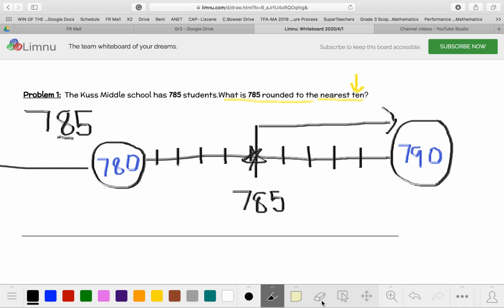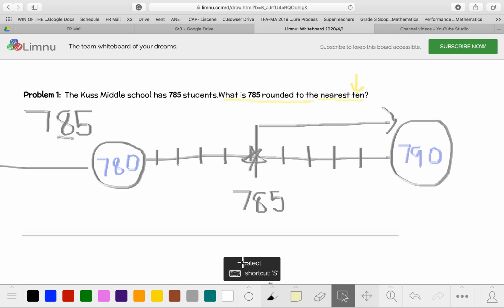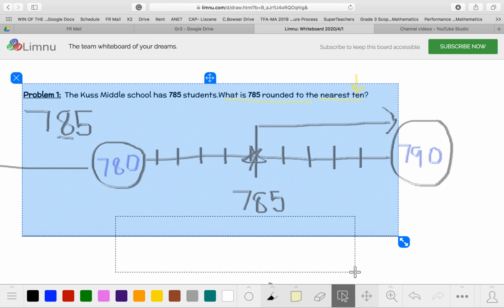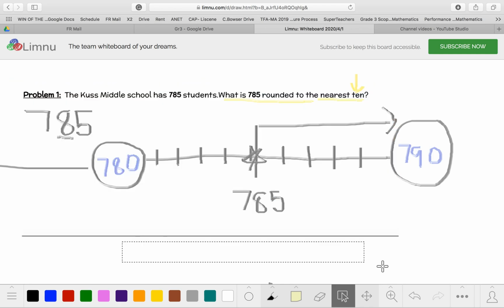I am not done because I know that I have to write a full sentence. I'm a third grader and I can't just circle this number and think I'm done, because I work hard and I try my best. On your paper, this is a great time to write a full sentence. The problem said, the Cuss Middle School has 785 students. What is 785 rounded to the nearest 10?